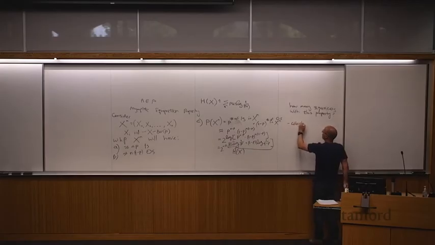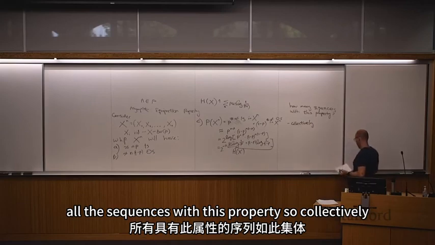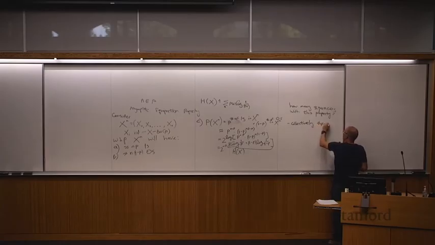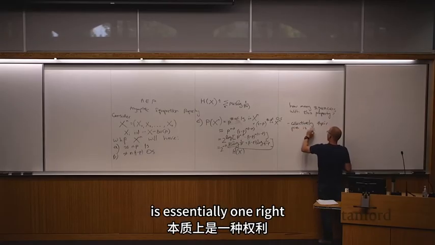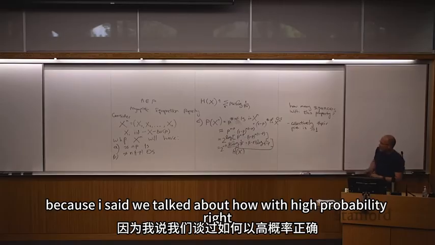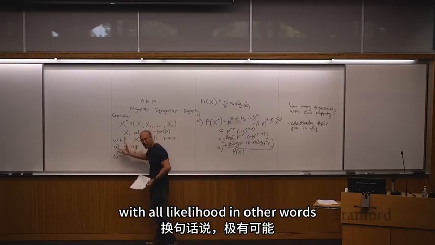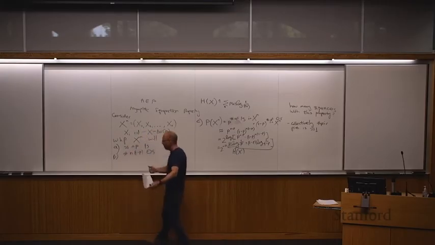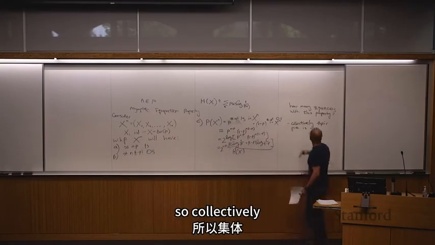Collectively, all the sequences with this property have probability essentially 1, because we talked about how, by the law of large numbers, with high probability, with probability essentially 1, the sequence that we're going to get is going to have this property.